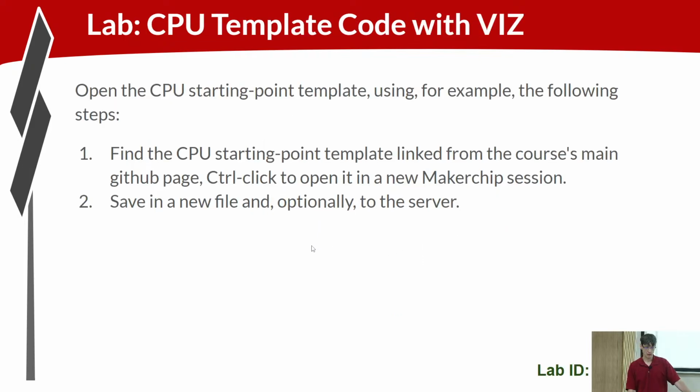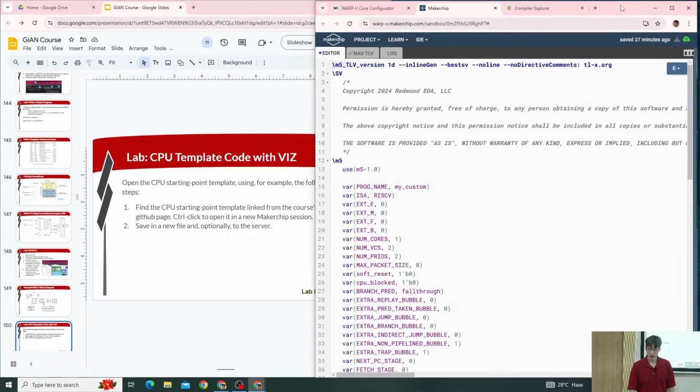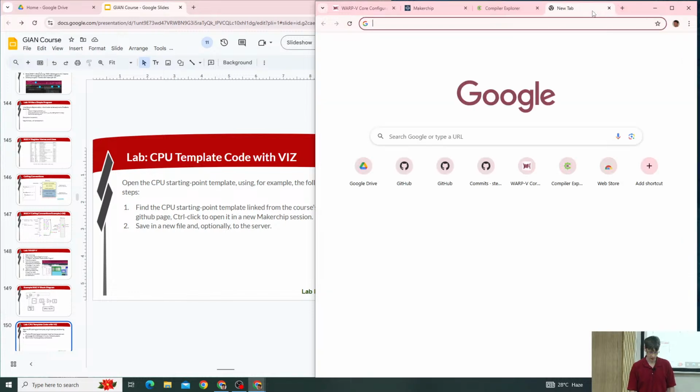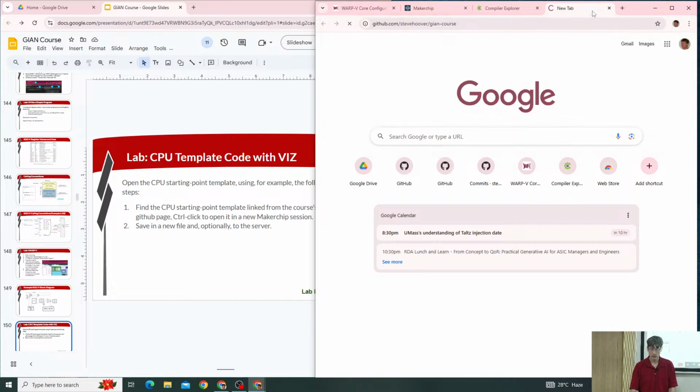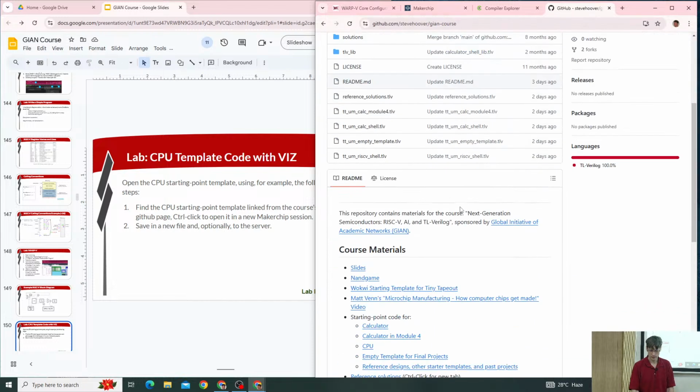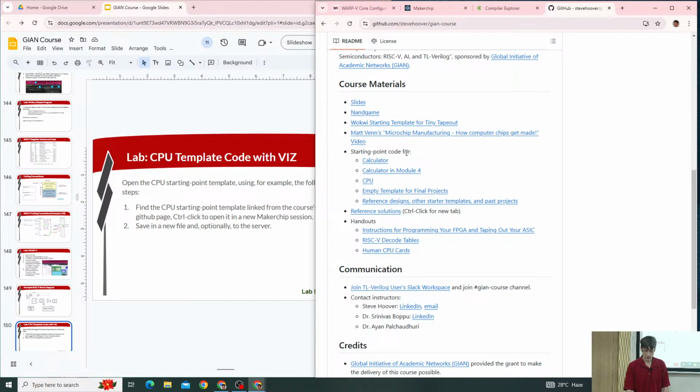So first is to set up, to start all this. So we have a starting template again. So you can open up the course repository, and starting point code for the CPU.